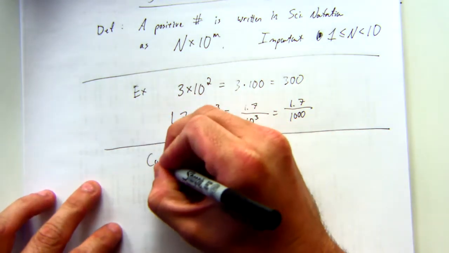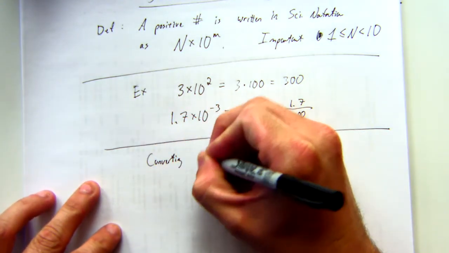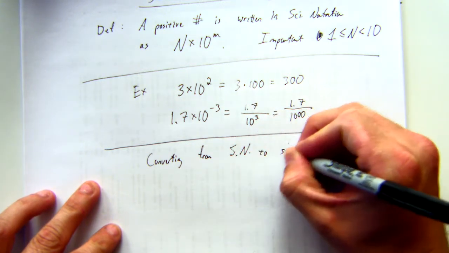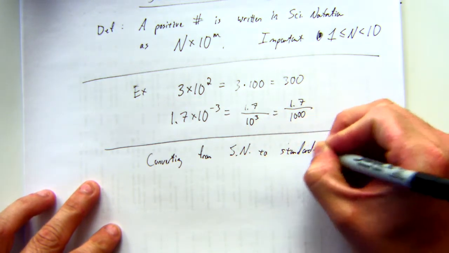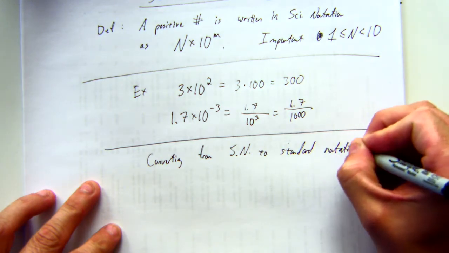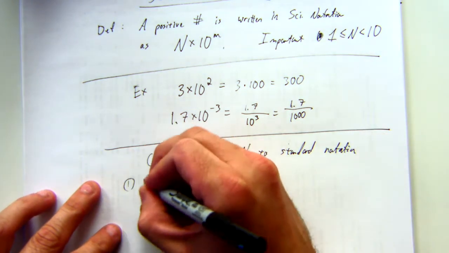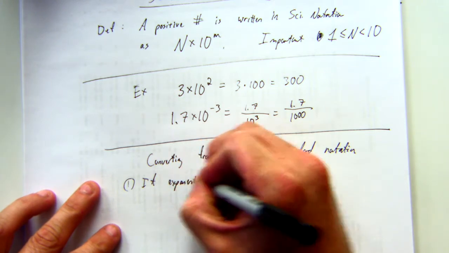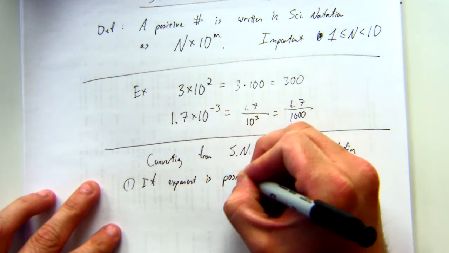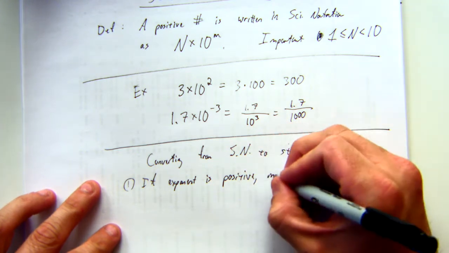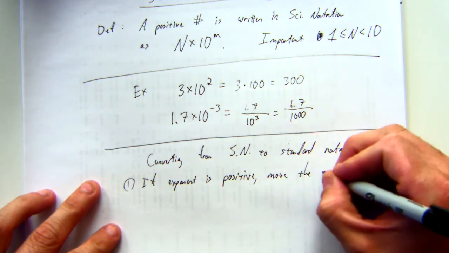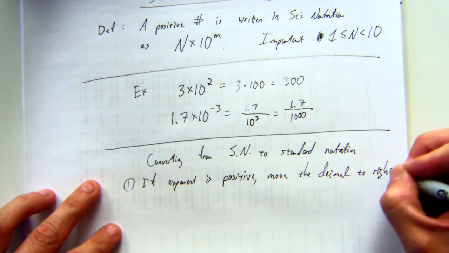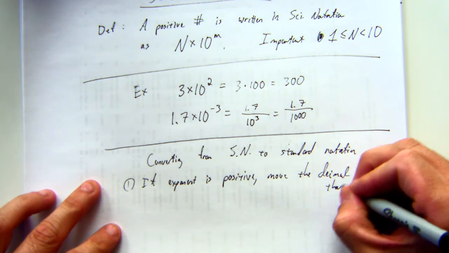So, converting from scientific notation to standard notation. If the exponent is positive, move the decimal to the right that many places.